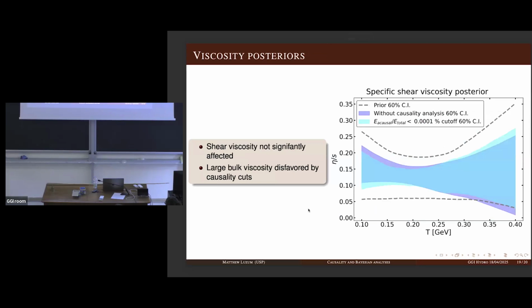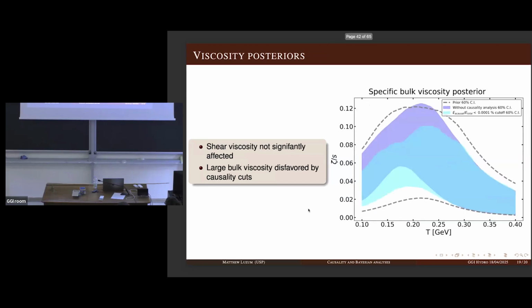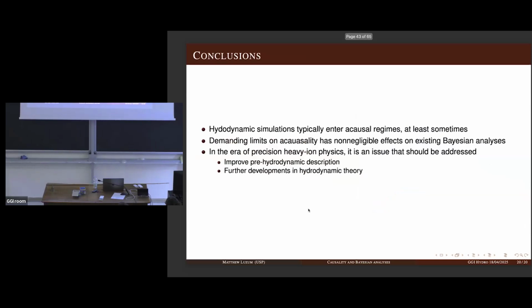Looking at it in terms of temperature dependence, the shear viscosity doesn't really have too much of an effect, but for the bulk viscosity the preferred value shifts down a bit. So values that you thought were compatible with data before become incompatible if you disallow these parts of the model where you have acausal simulations.